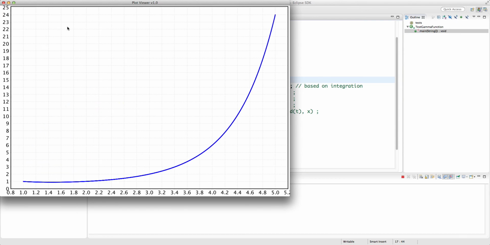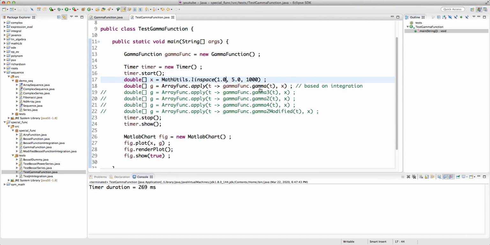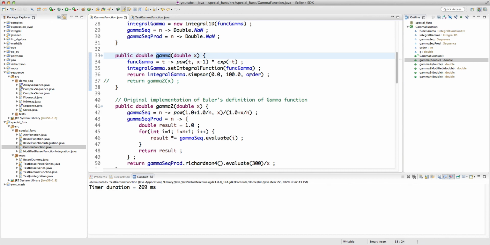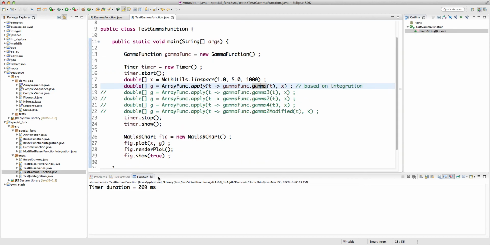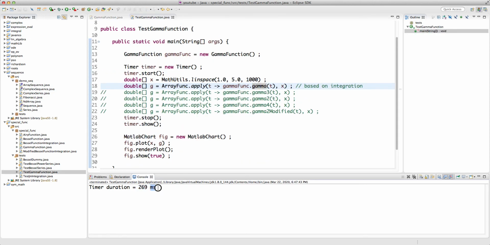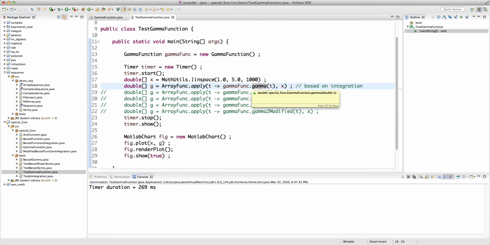So the accuracy is good. We're using Simpson's method for integration. We are dividing 0 to 100, I mean, our infinity, we're assuming 100 is good, and 1000 subintervals. But the time it takes is about 270 milliseconds. All right, so the next one, let's try gamma 2.